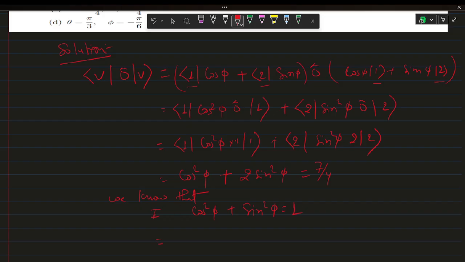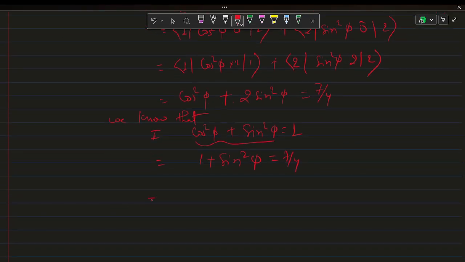So we can write directly cos²φ + sin²φ + sin²φ. The first cos²φ + sin²φ will be 1, so 1 + sin²φ is equal to 7/4. So sin²φ is equal to 7/4 minus 1, which gives sin²φ = (7 − 4)/4 = 3/4.